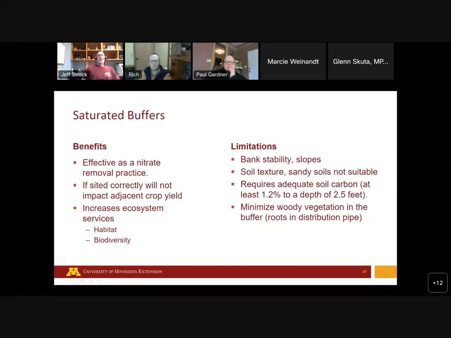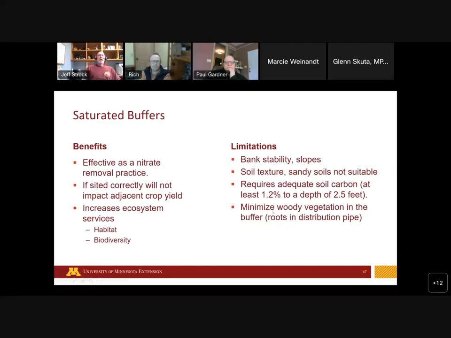The soil requires a level of carbon. The rule of thumb is about 1.2% at 2 foot of depth, which actually is not a lot of carbon, but that's really what helps drive the system in terms of reducing the nitrate, is having that carbon source there.